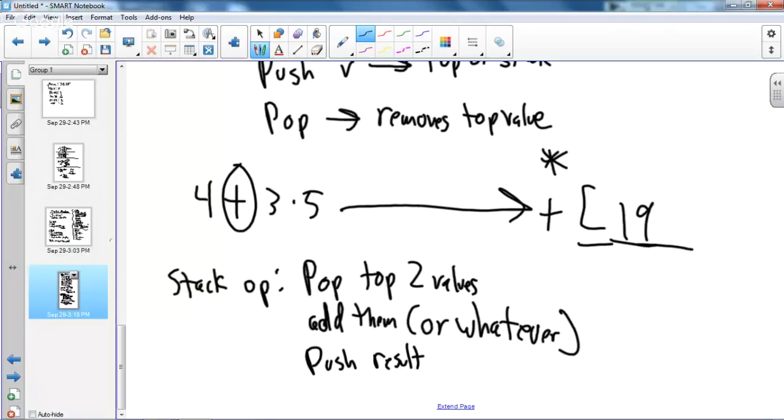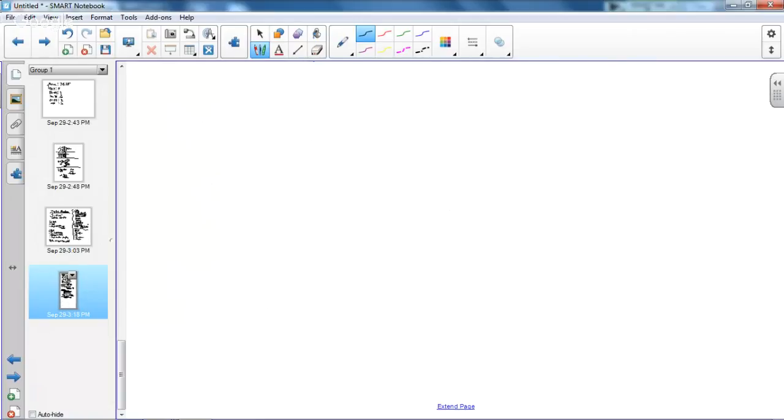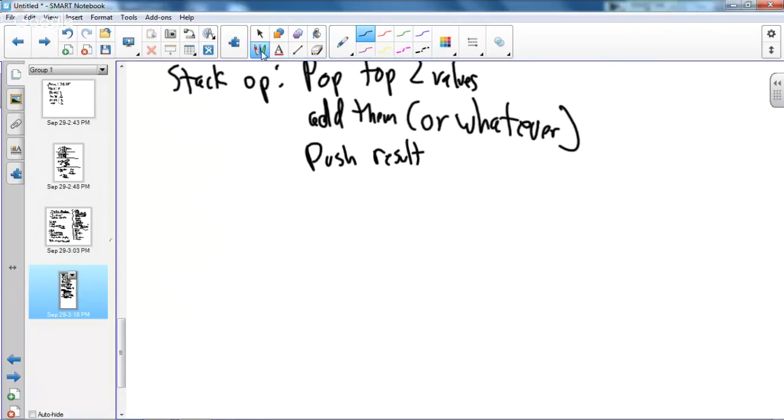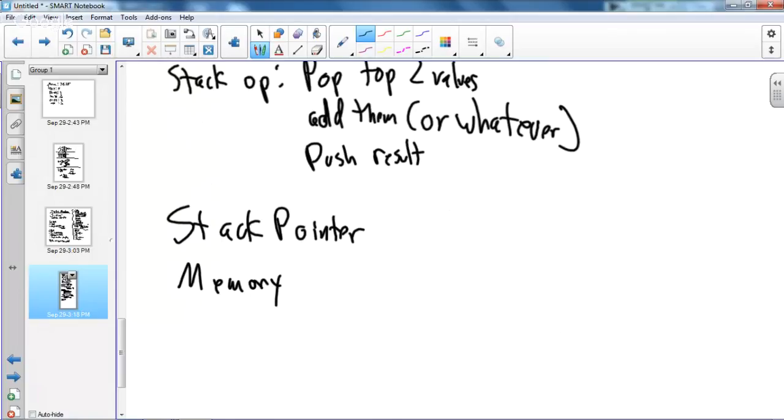What's the key to implementing a stack? Basically, to implement a stack, you need two things. You need what's called a stack pointer, and you need a bunch of memory. Okay? So how does this work?